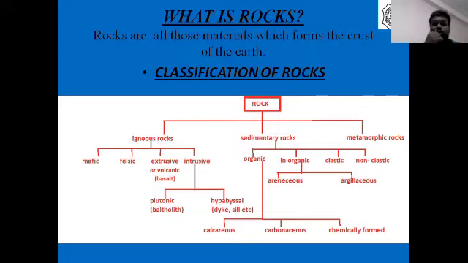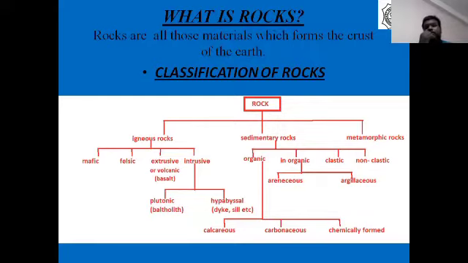Intrusive igneous rock is also classified into two parts: plutonic intrusive rock and hypabyssal intrusive rock.